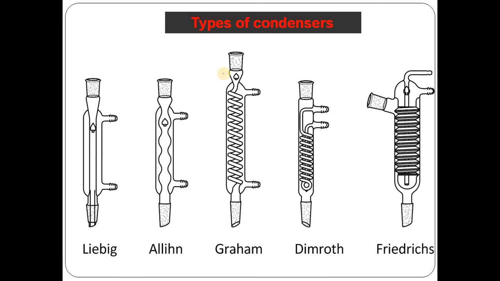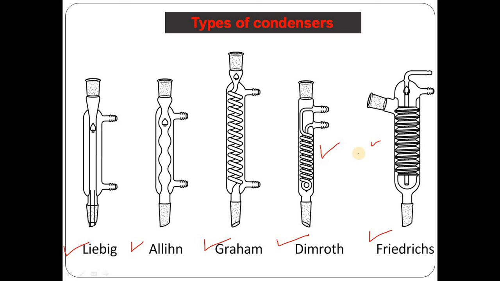So overall, these are the types of condensers. Several types of condensers are used. First one is the Liebig condenser, then the Allihn condenser, then the Graham condenser, which is also called a coil condenser. Then the Dimroth condenser, and next the Friedrichs condenser.